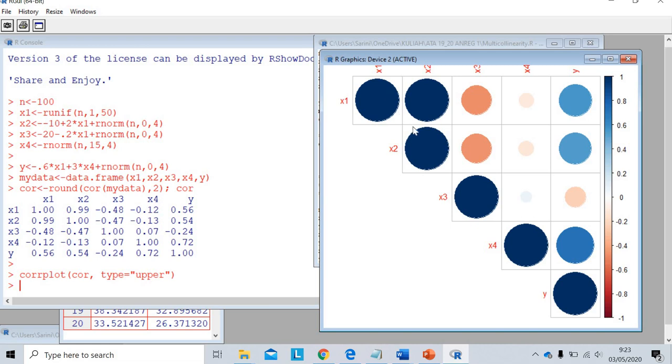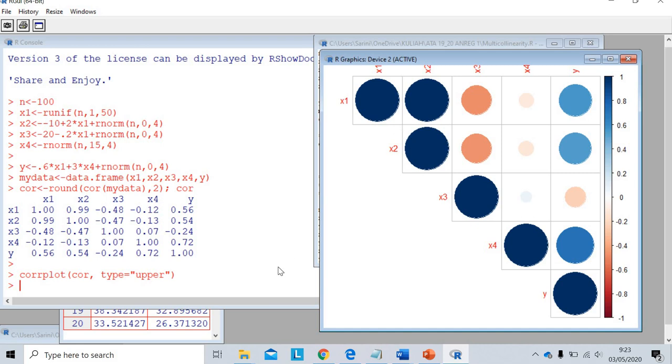Which one should be excluded? We might consider the one that doesn't have high correlation with other variables. For x1 and x2, with x3 and x4, the pattern is about the same, as we see in the first and second rows here. So you can just exclude either x1 or x2.